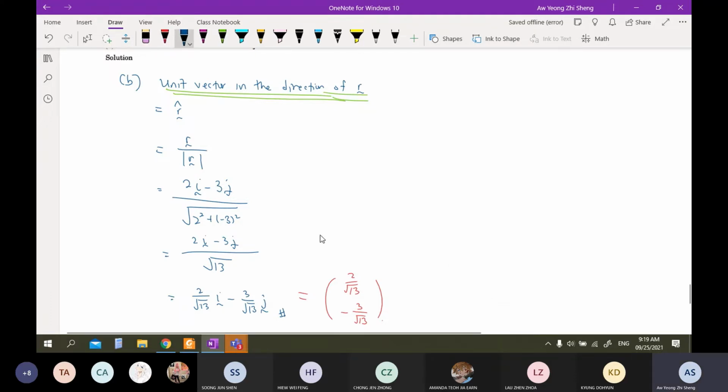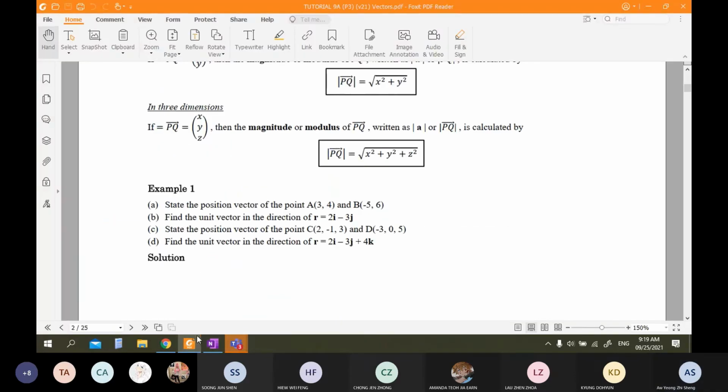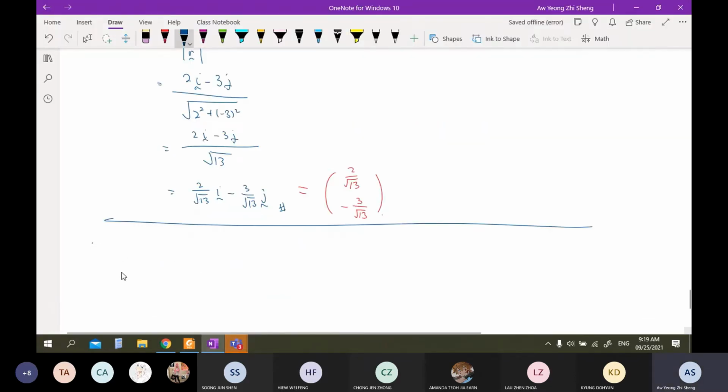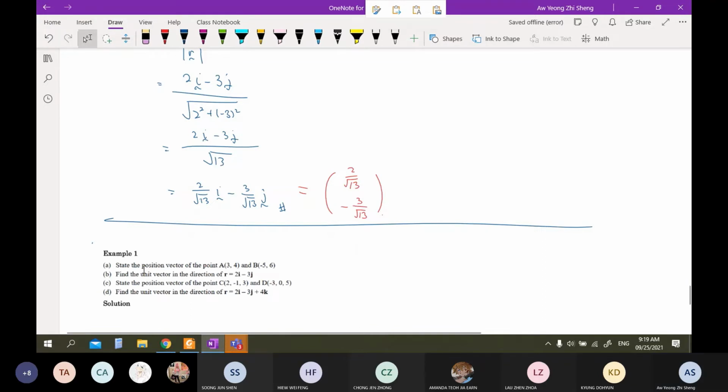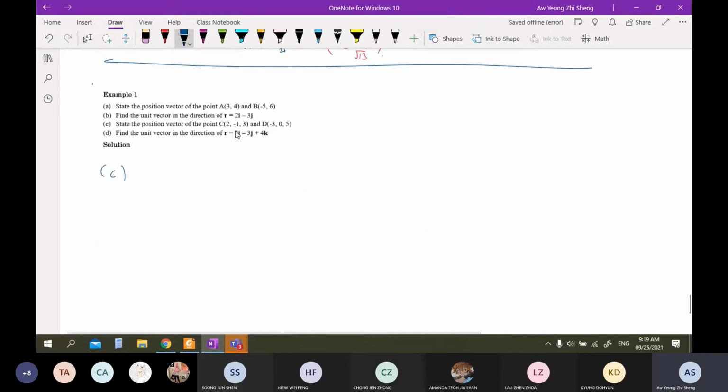Okay, now let's continue with part C. Let's take the position vectors of C and D, and this one is simple. The position vector of C will be the vector OC, which is (2, minus 1, 3).